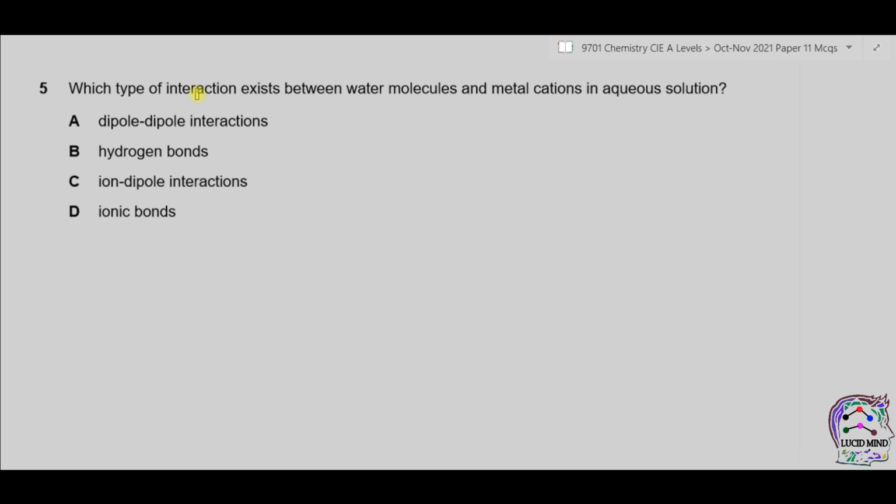Question number 5. Which type of interaction exists between water molecules and metal cations in aqueous solution? Now metal cations are positively charged, and when dissolved in the form of an aqueous solution, water molecules surround them with the help of partial charges. Oxygen is partial negative, hydrogen is partial positive.